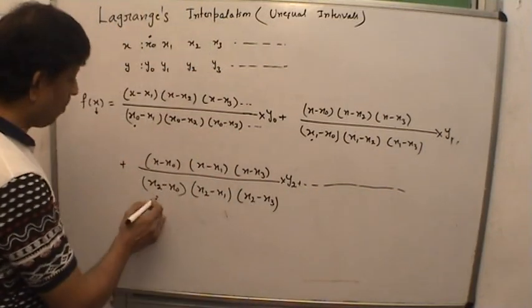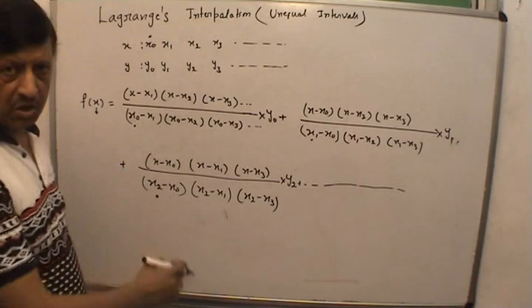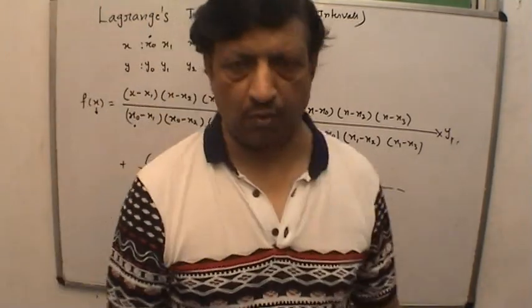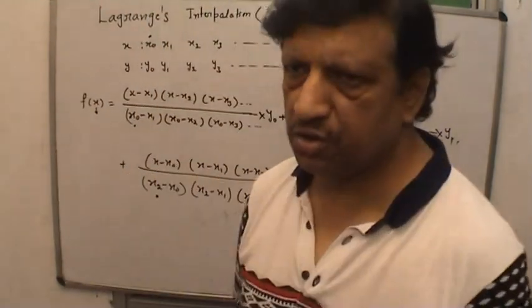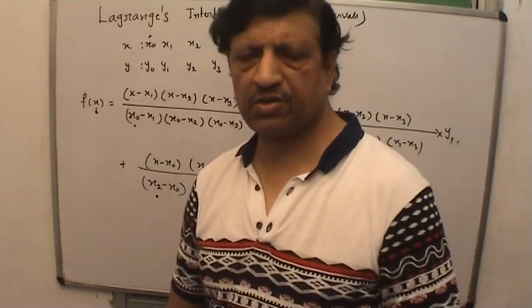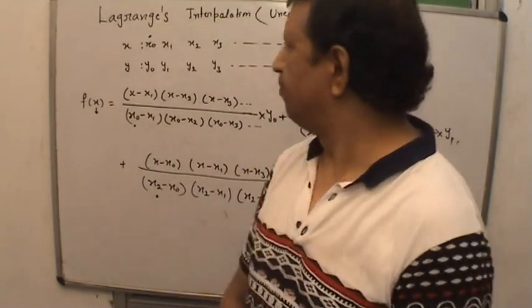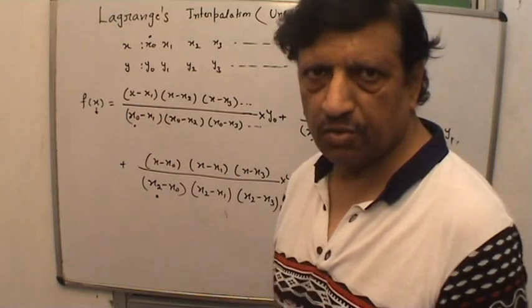If the values are more, next we will carry on with x3, then with x4. So that is the typical nature of Lagrange's formula, that this formula changes with the change in the values.